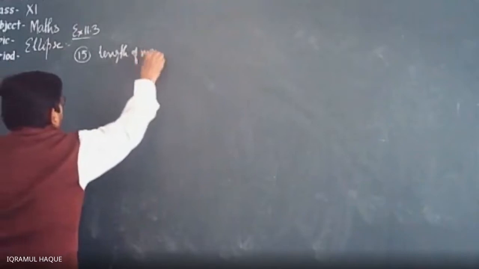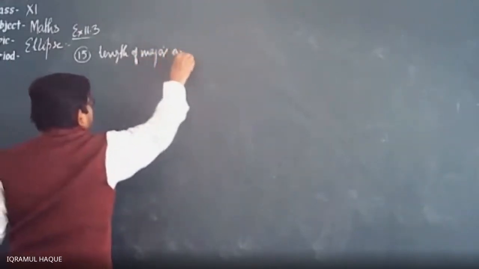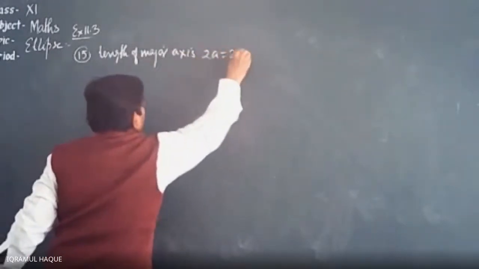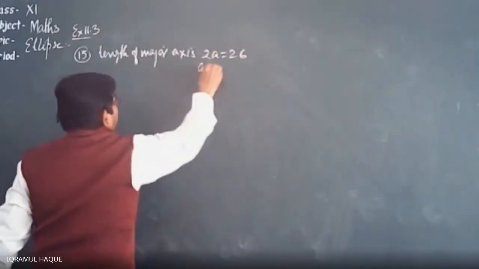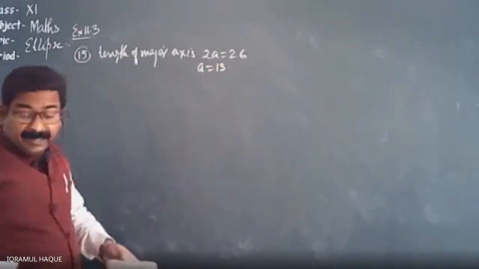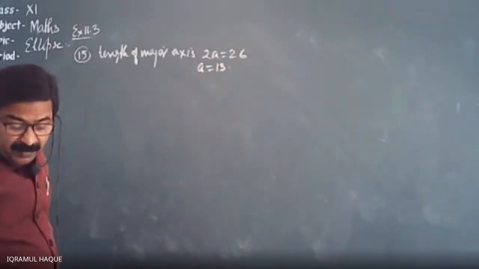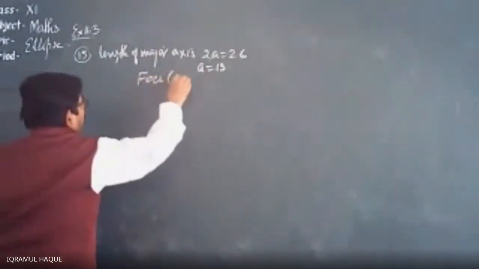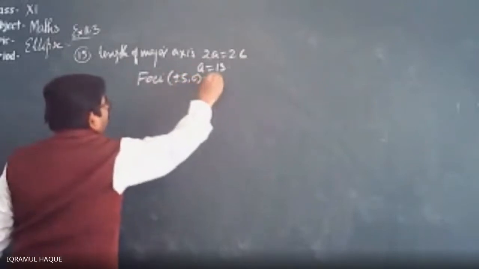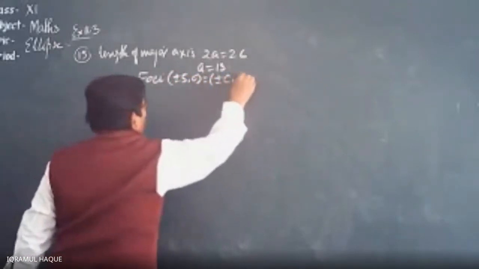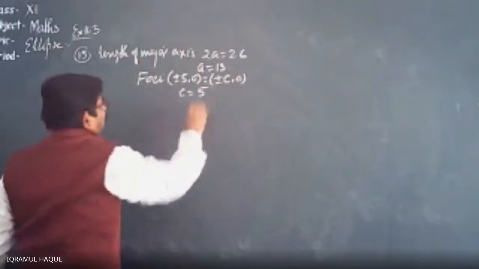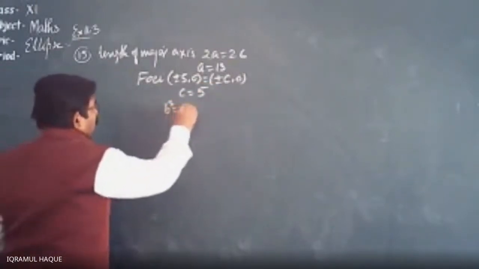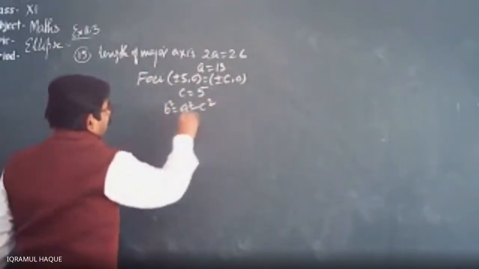Length of major axis, this is 2a is equal to 26. So a is equal to 13. And foci is given plus minus 5, 0. This is plus minus c, 0. Means c is equal to 5. So can we get the value of b? b square is equal to a square minus c square.